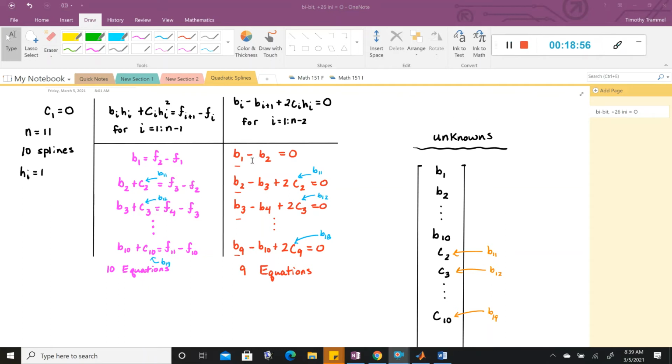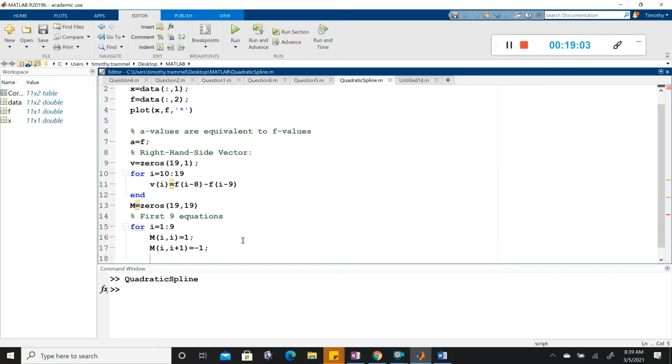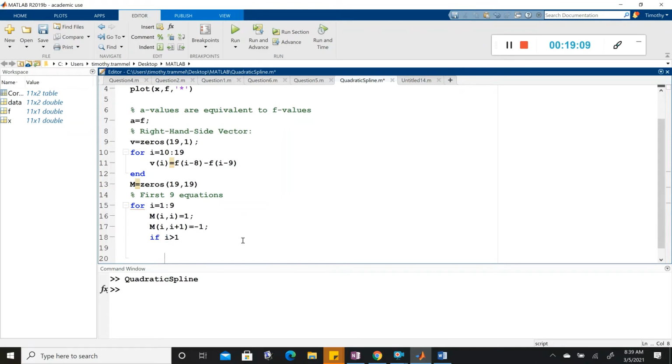But the thing to be careful about here is that 2c2 is not part of the first equation. So in our little loop here, I'm going to say if I is greater than 1, then we'll perform this next thing. Okay. Maybe I'll actually write in an m here.